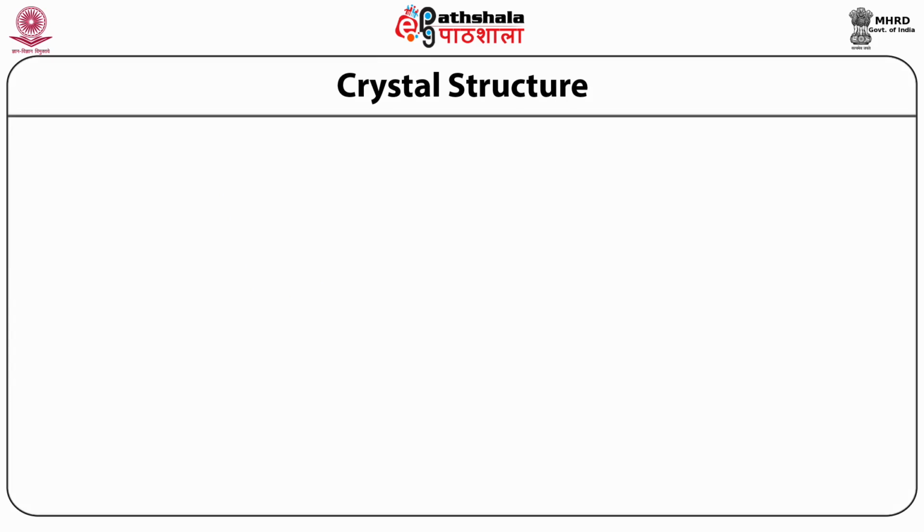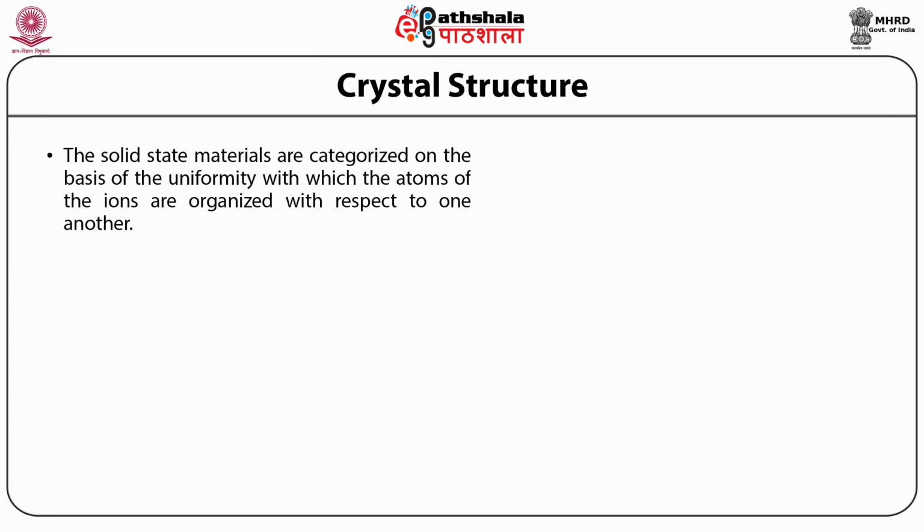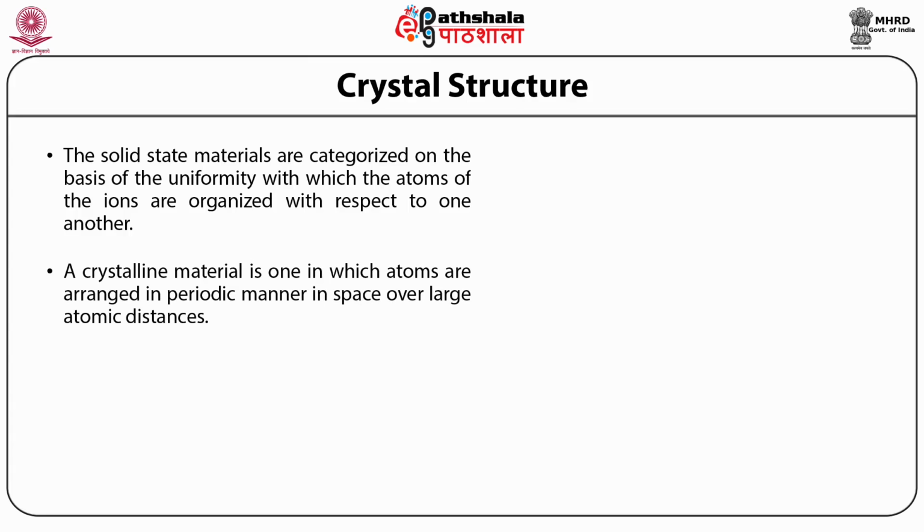Solid materials are categorized on the basis of the uniformity with which the atoms or ions are organized with respect to one another. On the basis of the arrangement of atoms, materials are classified in two categories, that is, crystalline and amorphous. A crystalline material is one in which atoms are arranged in a periodic manner in space over large atomic distances.